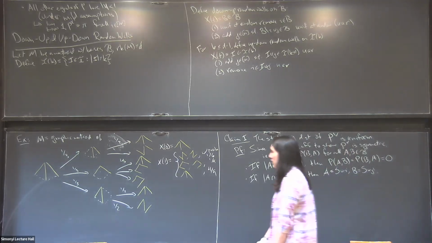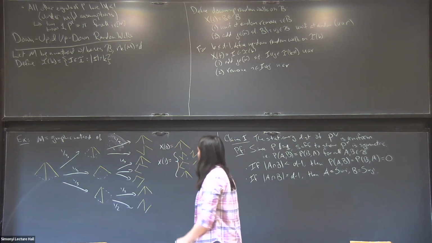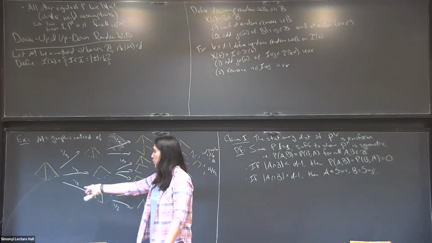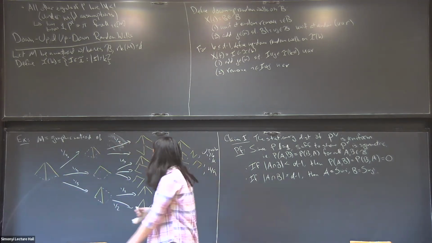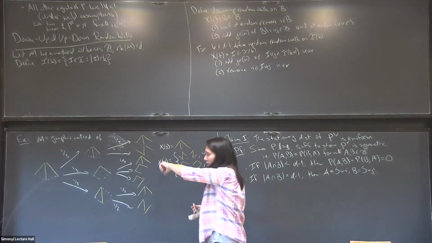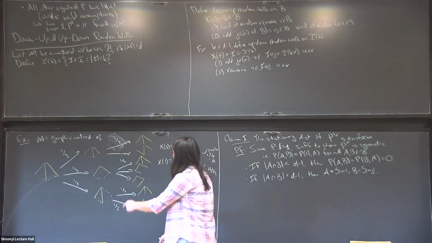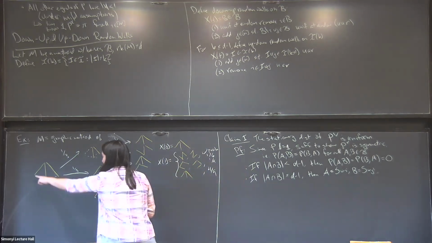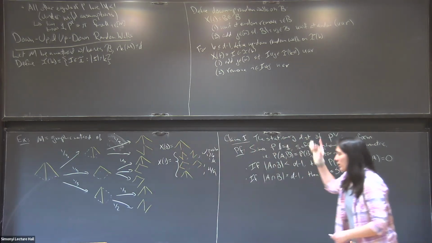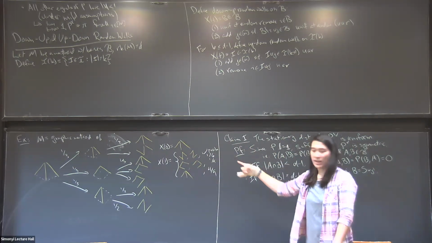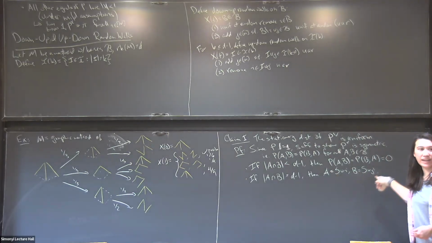For instance, to get to this zigzag from the claw graph, when I remove something, I must have removed this guy, because otherwise that left diagonal edge will be in my resulting tree. And then when I add something, I had to add this guy. So the only way in our down-up random walk to get from the claw to that zigzag is I first have to remove I, and then I have to add J.